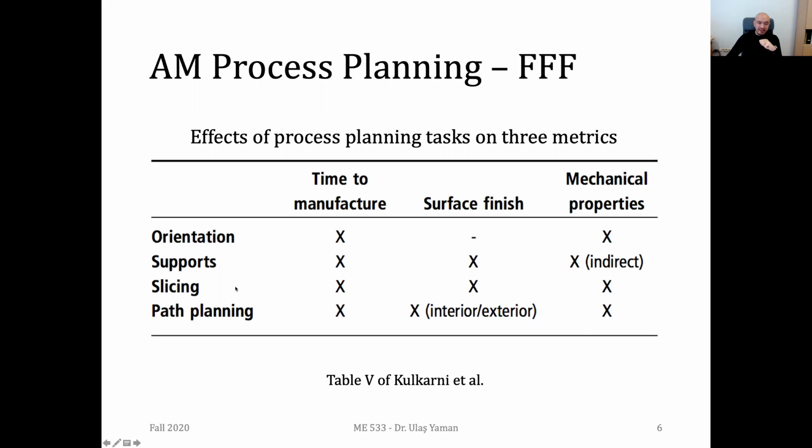And slicing again has an importance in the surface finish, since if you have, let's say, inclined planes, and you have thicker slices, then you have a staircase effect. Assume that these are slices.